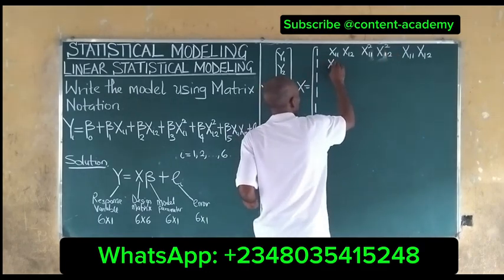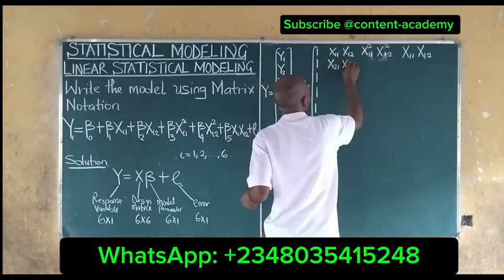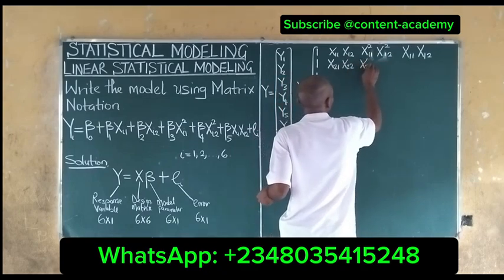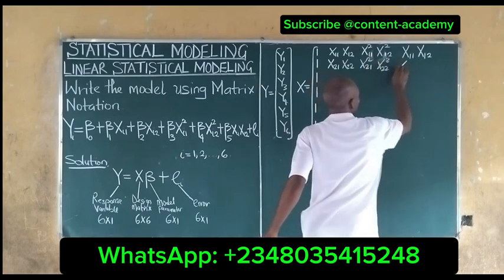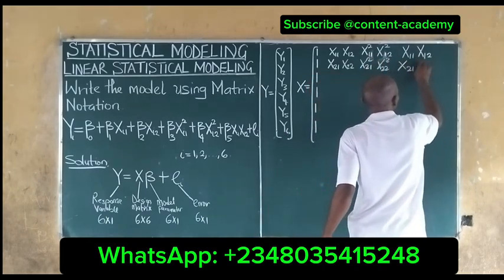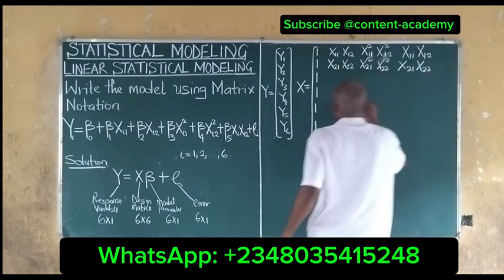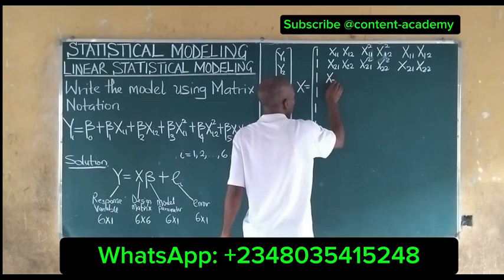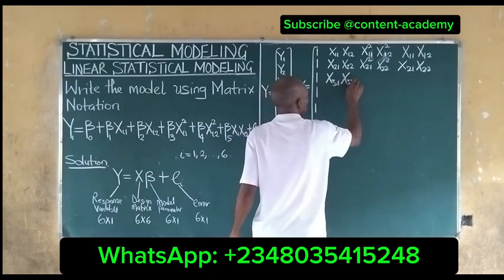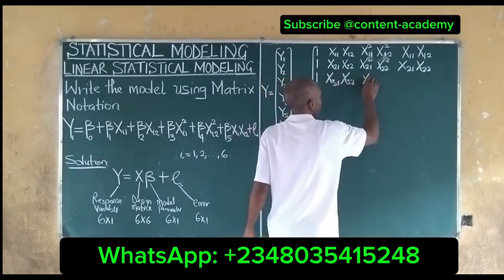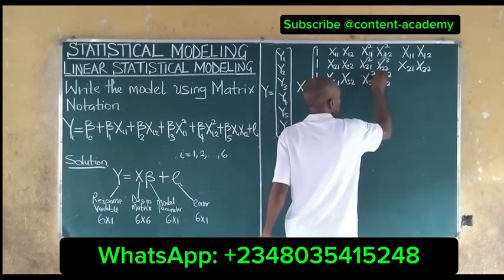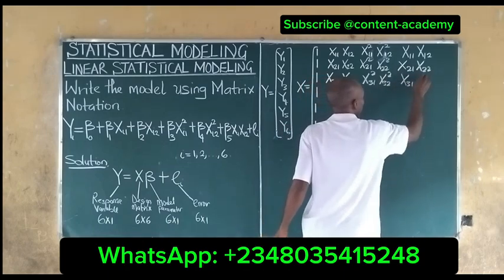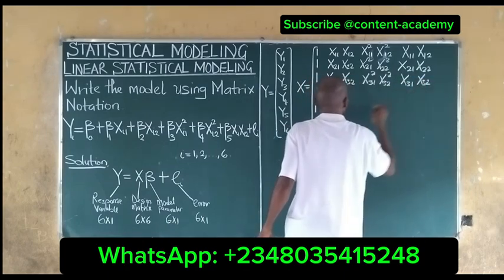The next one will be x21, x22, x21, x22 squared. Then here is x21 and x22. The next one is x31, x32, x31, x32 squared, then x31, x32.